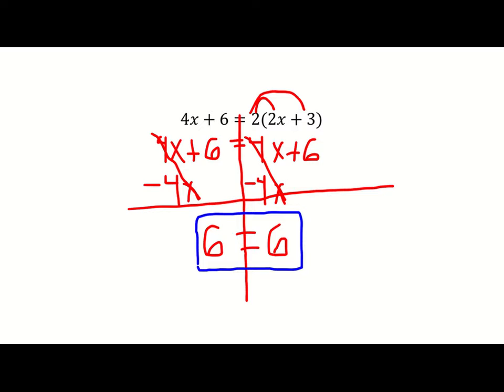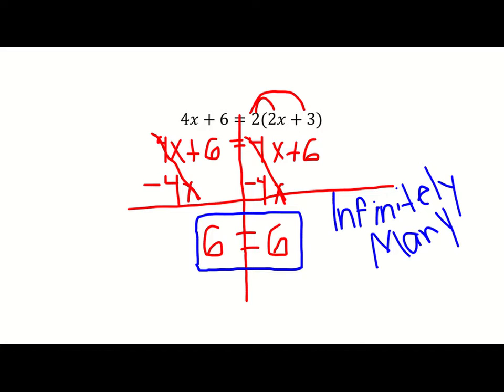And anytime it's a true statement, once your variables have canceled out, we call that infinitely many solutions. In other words, we could plug any number in the world in for x, and this equation would be the same on both left side and right side. So infinitely many solutions is our answer.